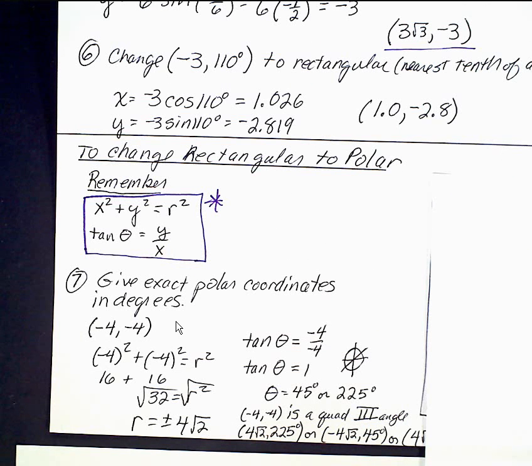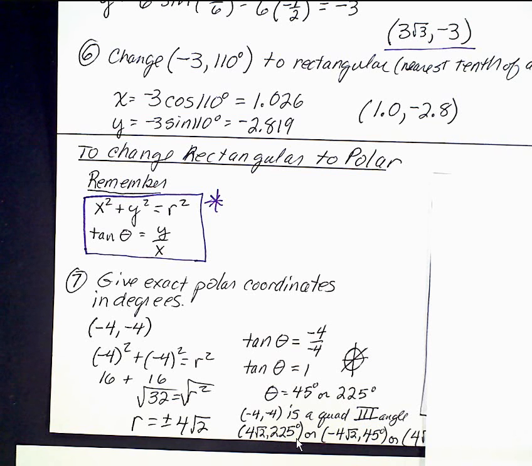So in degrees, you have to look and see that the point (-4, -4) is a quadrant 3 point. So you have to make sure when you give your polar coordinates that you are in quadrant 3. If you want to use a positive radius, you need to use a quadrant 3 angle. So 225 degrees and then a positive 4 square root 2.